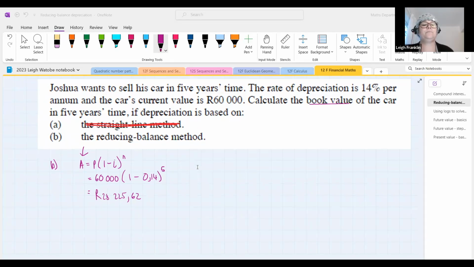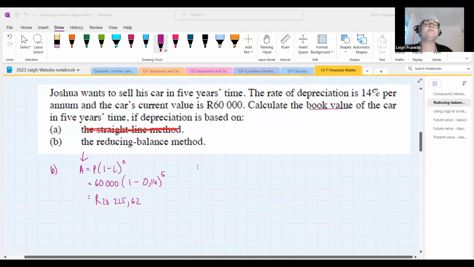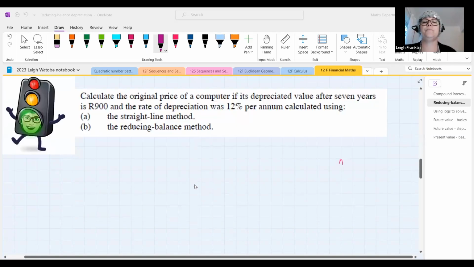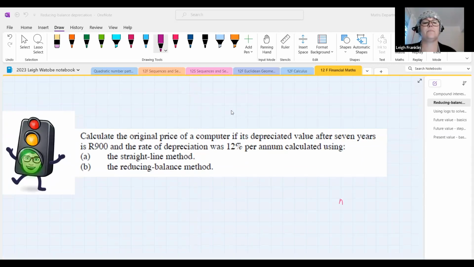Because it's not going to make sense for the car to be worth more in 5 years than it is currently. Yes, Lesejo's right. Yes, Unwaba, that's it. Well done.